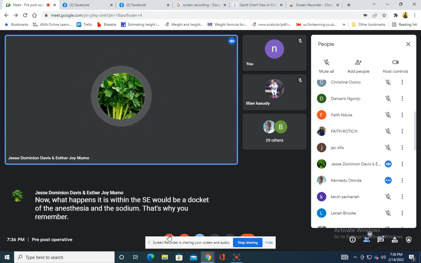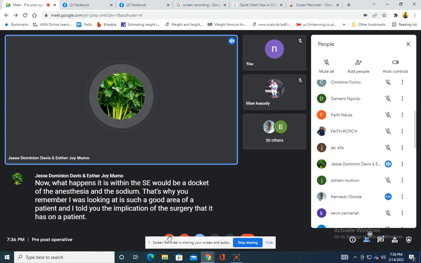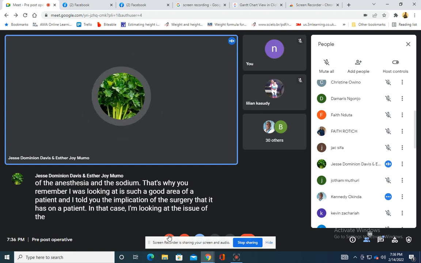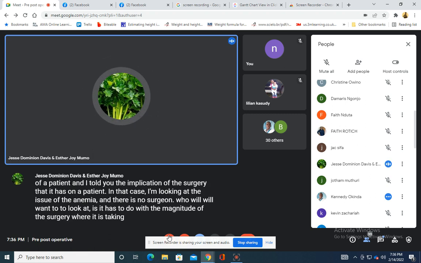You remember I was looking at the surgical area of a patient, and I told you the implication of the surgery on a patient. In that case, I'm looking at the issue of anemia, and there is no surgeon who will want to look at that. It has nothing to do with the magnitude of the surgery, whether it's taking 4, 5, or 6 hours.